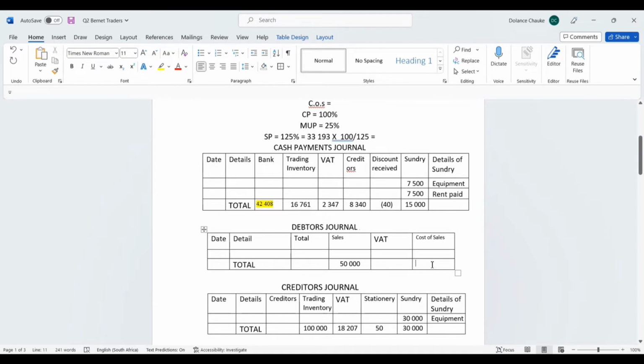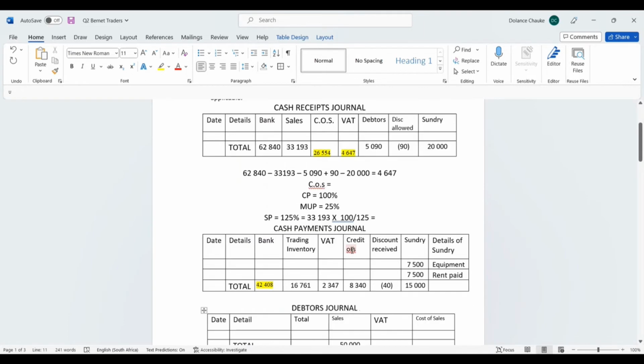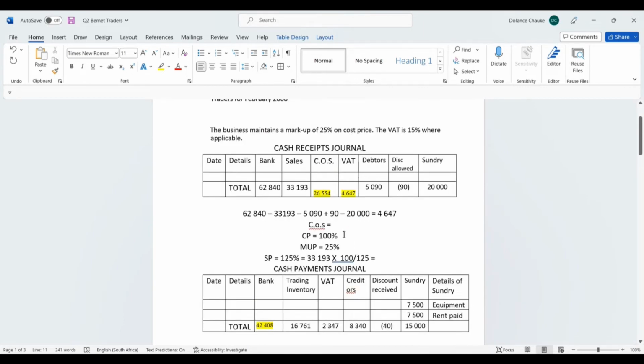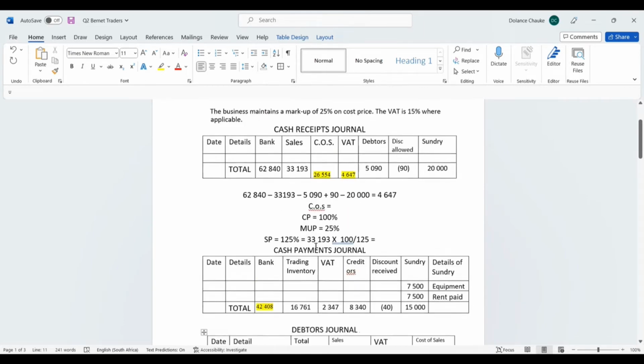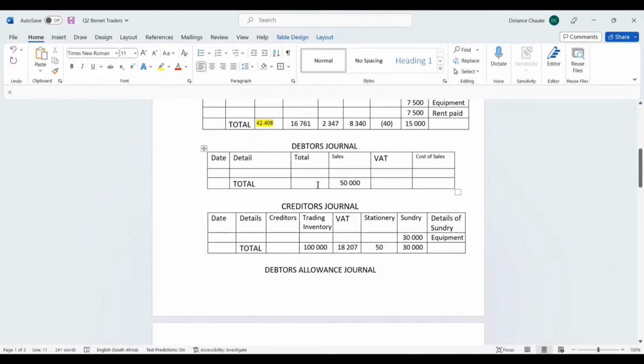Which one is easy for you maybe to do? Remember, they said VAT is 15%. They also give you markup. You don't change the principle that I've shown here. And remember, the total is not going to include cost of sales. The total is going to be only VAT plus sales, then you get the total, right?